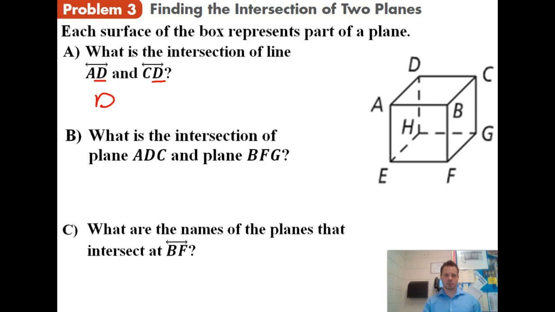Part B asks, what's the intersection of plane ADC and BFG? All right, well, ADC, let's find those points. We've got A, we've got D, we've got C. Those are all on the top of the box. So for that part, we're talking about the top of the box here. And plane BFG, let's see, B, F, and G are all on the right side of the box.